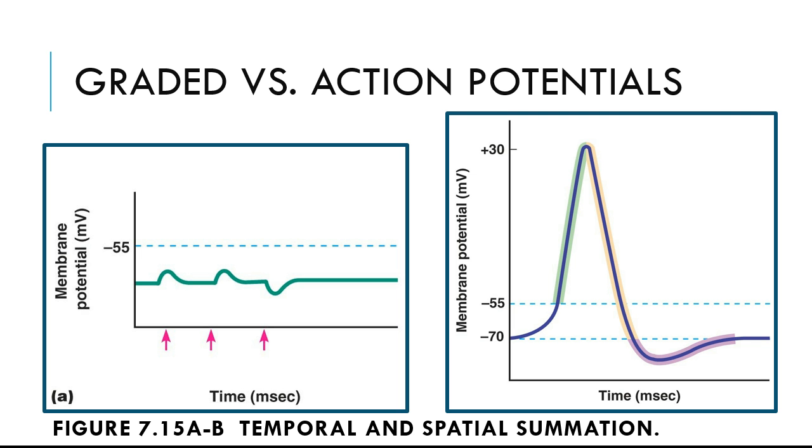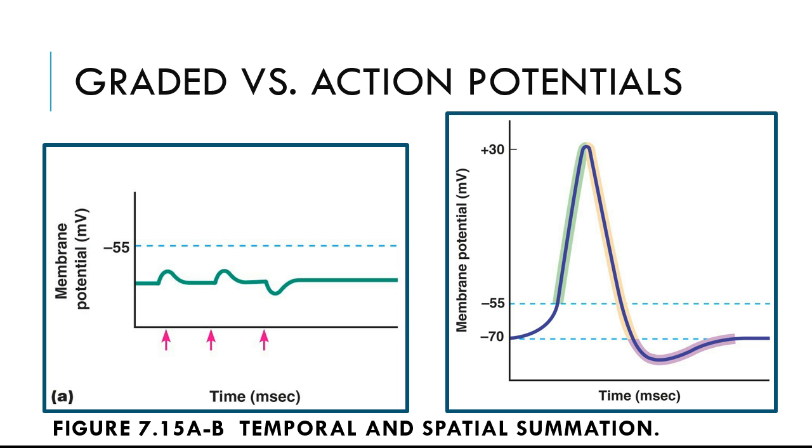So graded potentials are sometimes described as being dissipating. If a weak stimulus is present and goes away, those gated channels are going to close, and the cell's going to go right back to resting membrane potential, ready to receive a new stimulus.